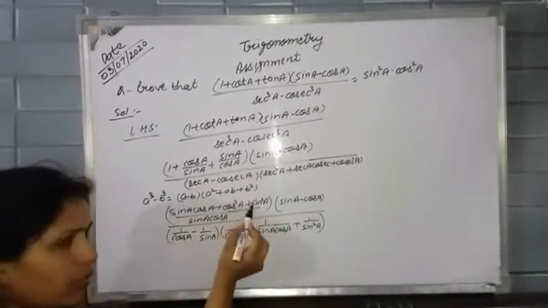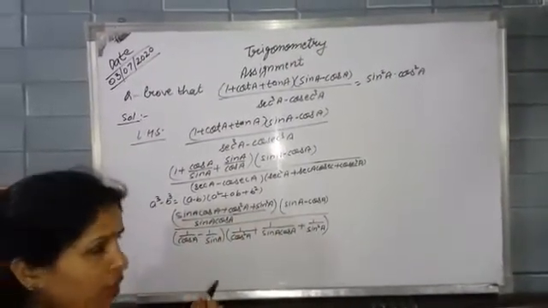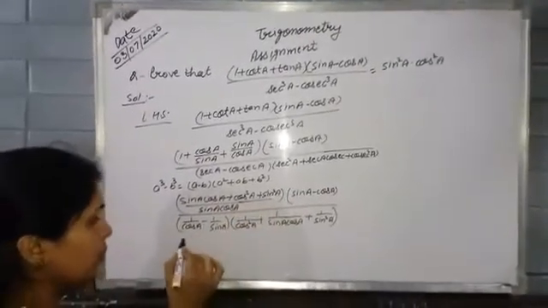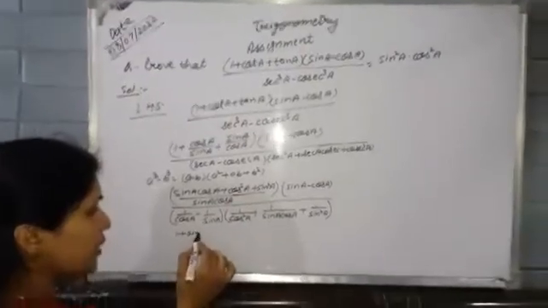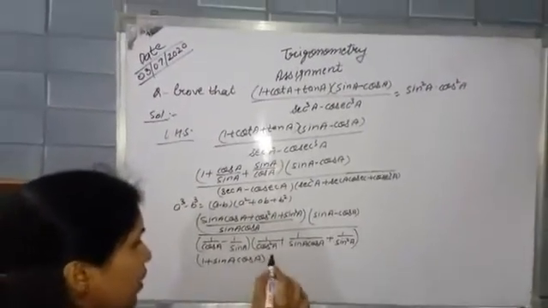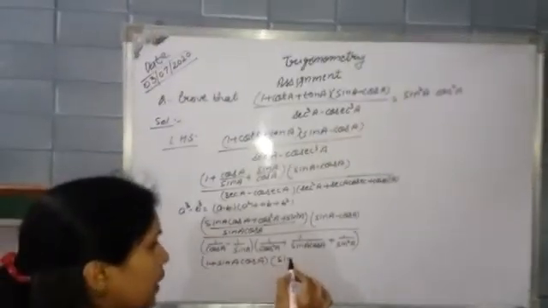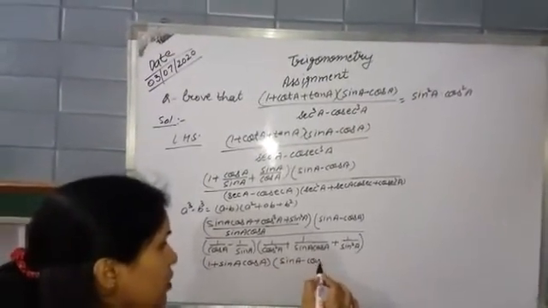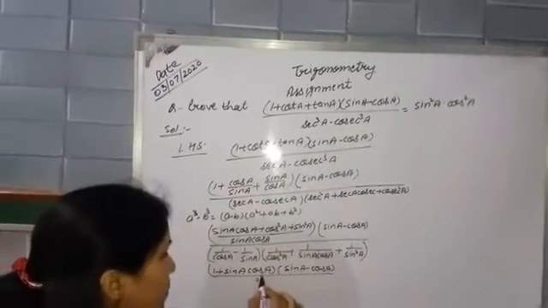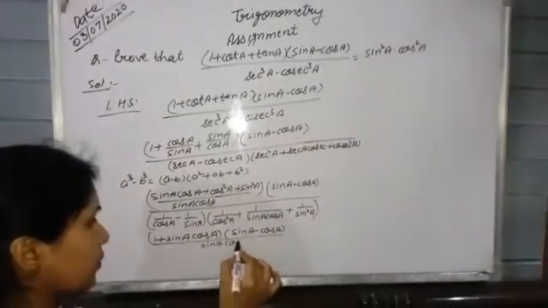Now cos square A plus sin square A, from the first identity, this value is equal to 1. So 1 plus sin A into cos A, multiplied by sin A minus cos A and divided by sin A into cos A.